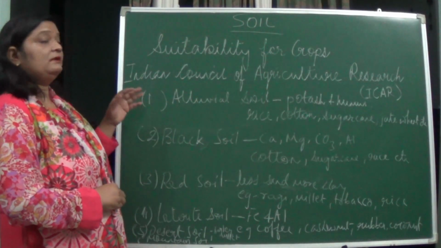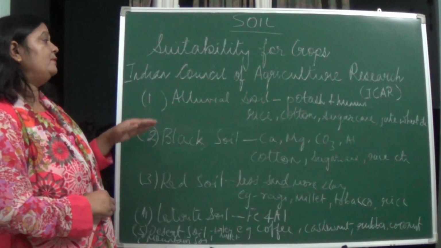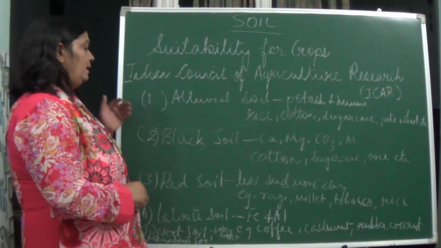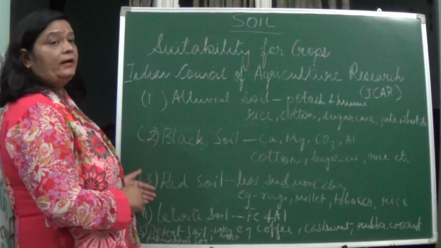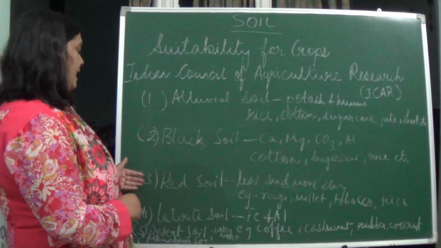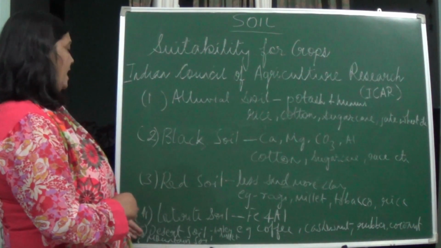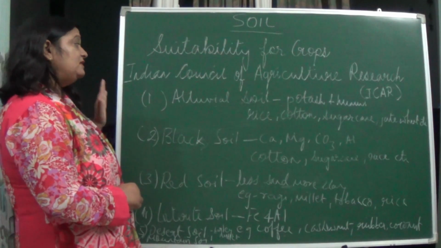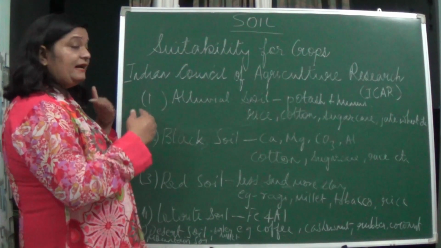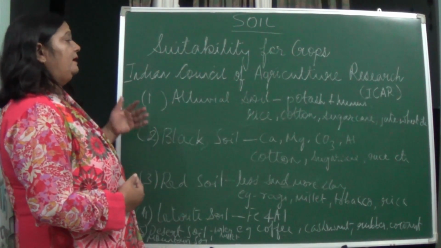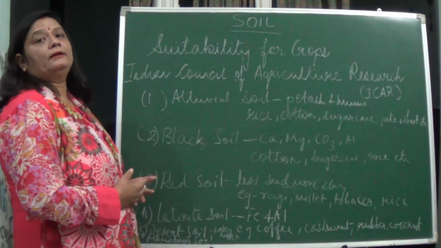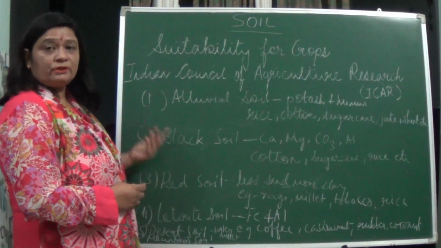These are alluvial soil, black soil, red soil, laterite soil, and then desert soil and mountain soil. These soils are different in nature, and the plants grown in them are also different.